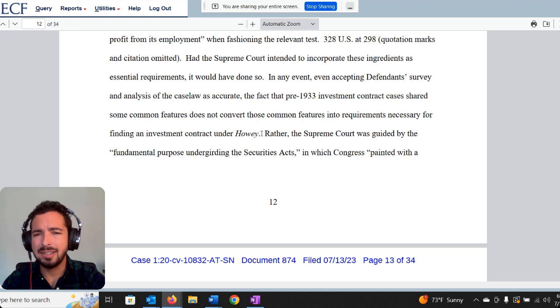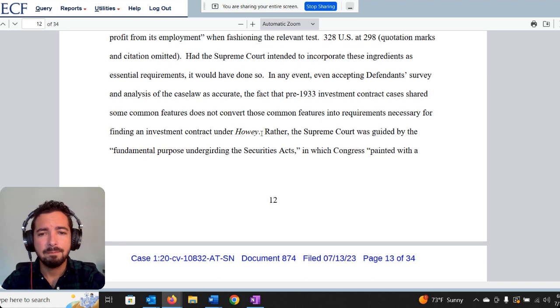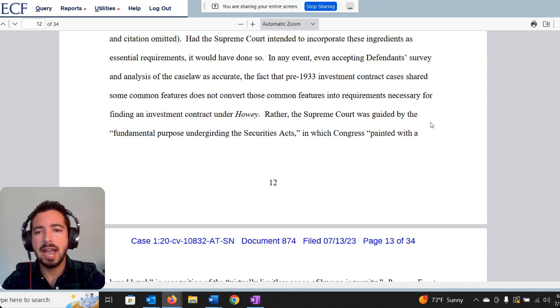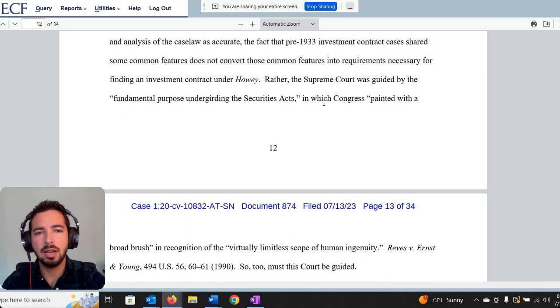Just because these other cases had a lot of similarities does not mean those similarities were requirements. It's the luck of the draw, they were all just similar. Rather, the Supreme Court was guided by the, quote, fundamental purpose undergirding the Securities Act, in which Congress painted with a broad brush in recognition of the virtually limitless scope of human ingenuity.